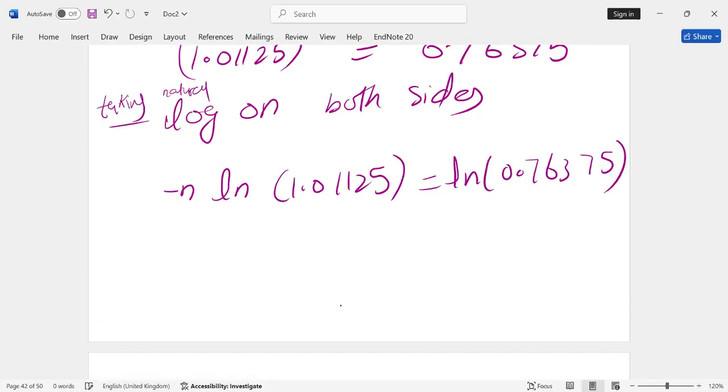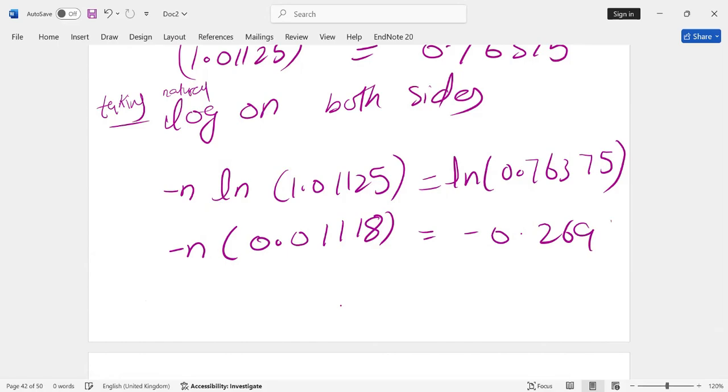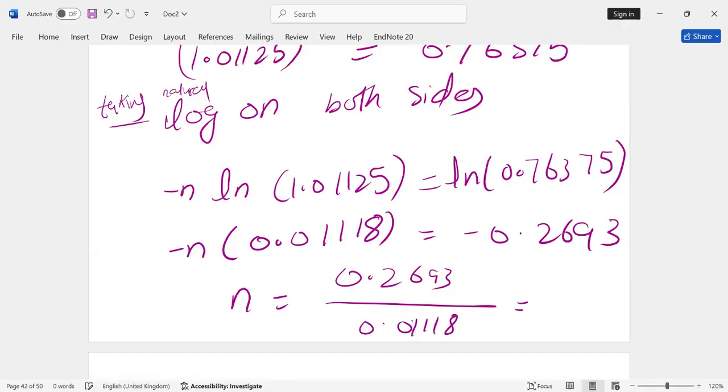So we can easily find the value: minus n times 0.01118 equals minus 0.2693. The two minus signs cancel each other, and n equals 0.2693 divided by 0.0118, and the answer is 24.08.